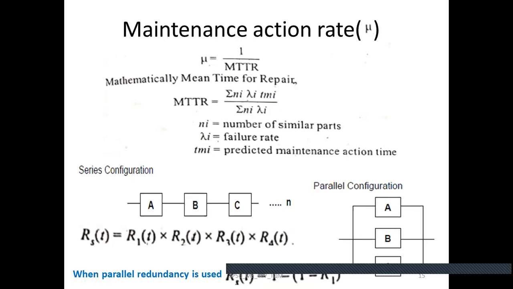And in the second, you can see it is arranged in the form of parallel configuration, that is A, B and C. When the system is in series configuration, you can use this formula for the reliability Rs for the time t: R1(t) into R2(t) into R3(t) into R4(t) and so on.